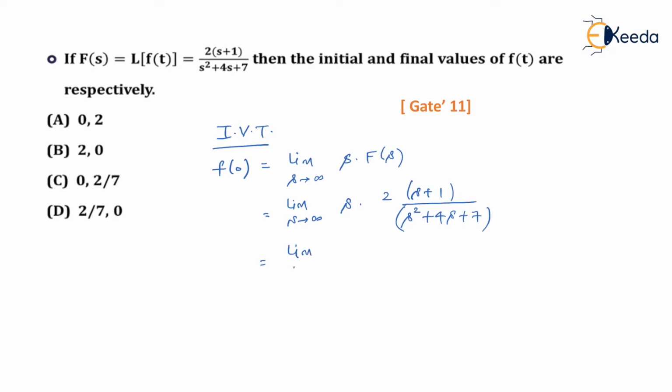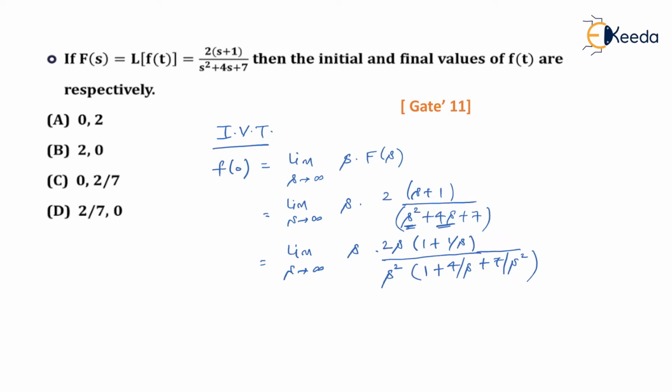Whenever there is a limit problem and s is infinity, try to take s common from all the brackets. In numerator, I'll take s common, so what remains inside is 1 plus 1 by s, whole divided by, from the denominator, I'll take s squared common. What remains inside? In place of s squared, it is 1, in place of 4s, it will be 4 by s, plus 7 by s squared.